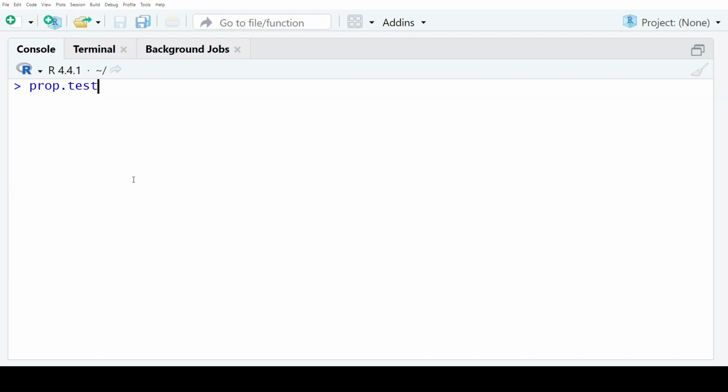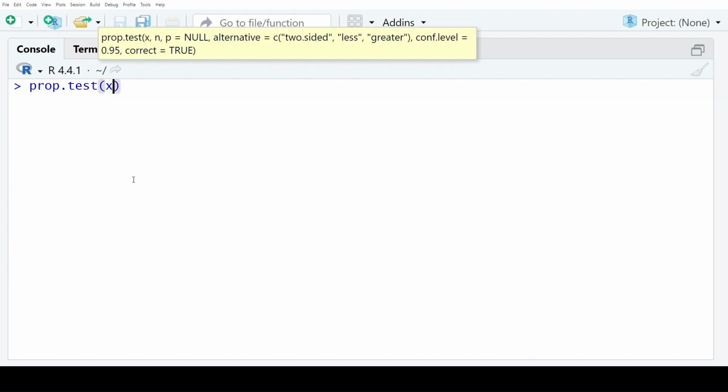prop.test, and then x equals the two x values. So that would be the 182 and the 208 that we calculated. Again, going cars first, trucks second. n equals, we had 200 cars, 250 pickup trucks.